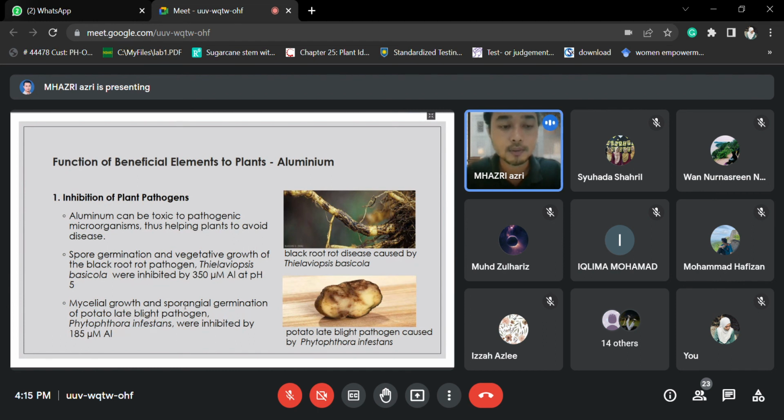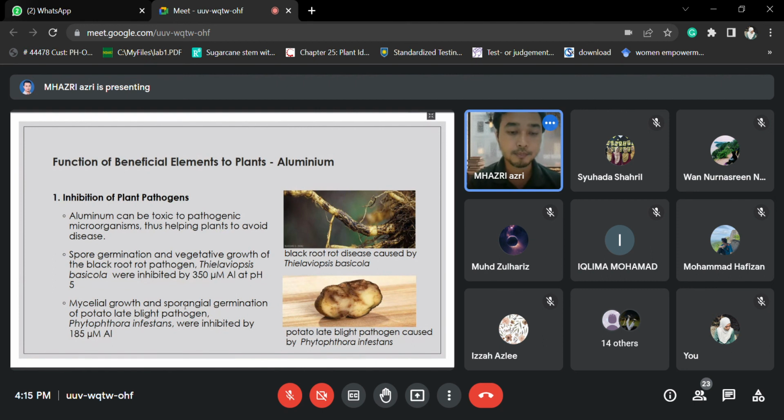For example, spore germination and vegetative growth of the black root rot pathogen, Thielaviopsis versicolor, were inhibited by aluminium at a concentration of 350 micromolar at pH 5. Apart from that, there's another species of plant pathogen that can be inhibited by aluminium.